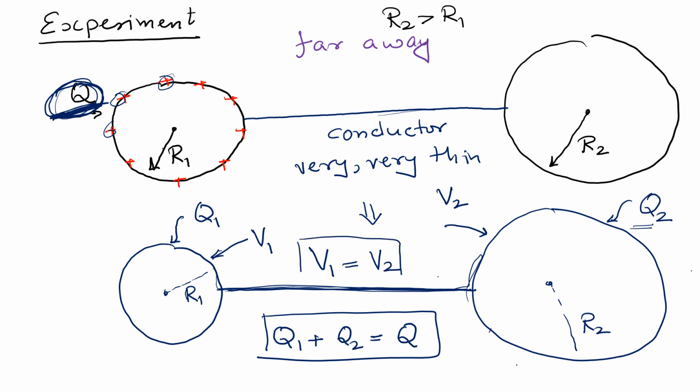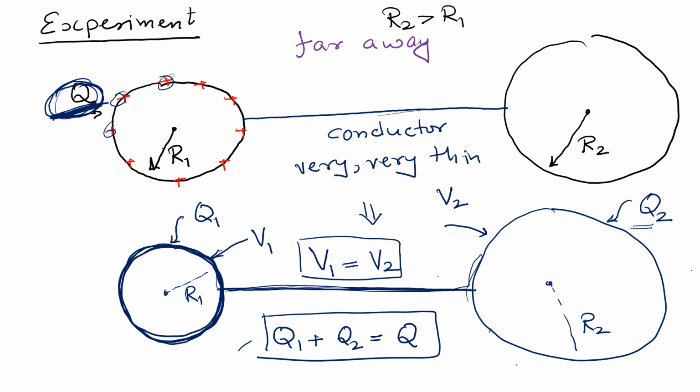Once these potentials have become equal, then there are no electric forces on the charge for it to move any further. So the potential has to become equal for both the conductors. These two are very far apart, and this is where we are using that approximation.